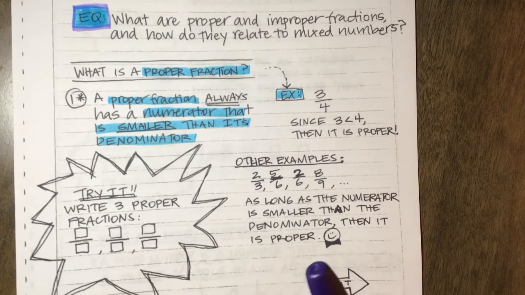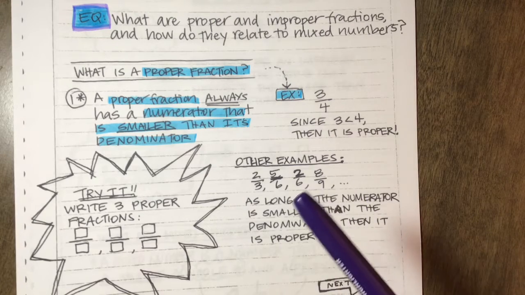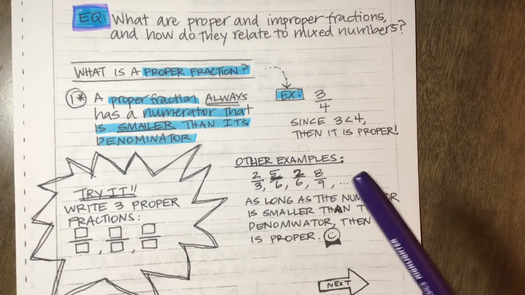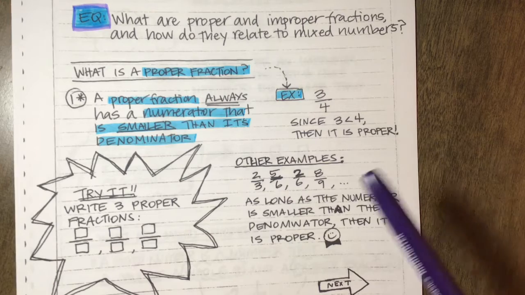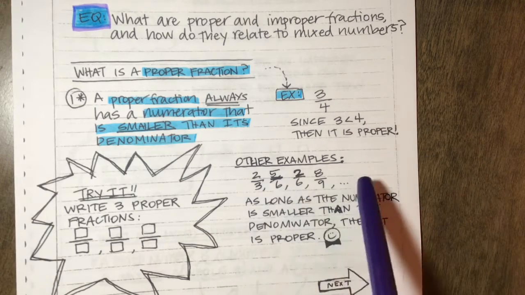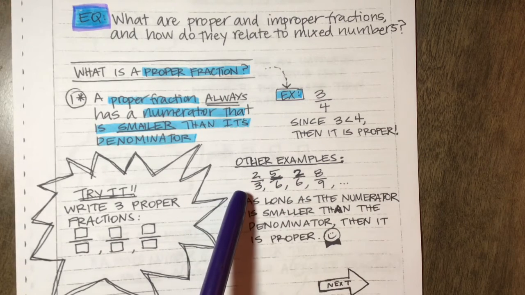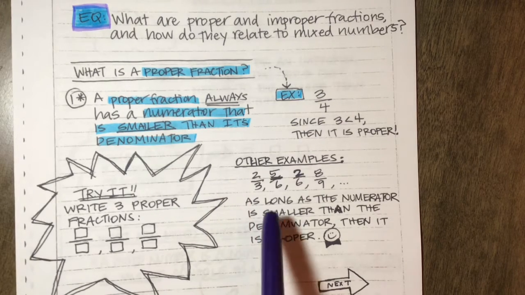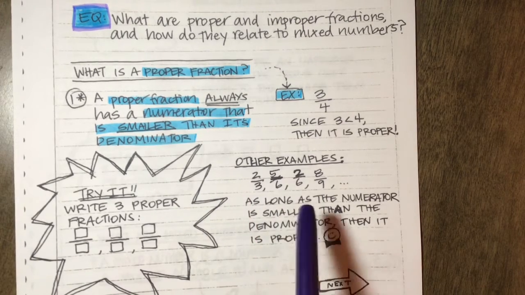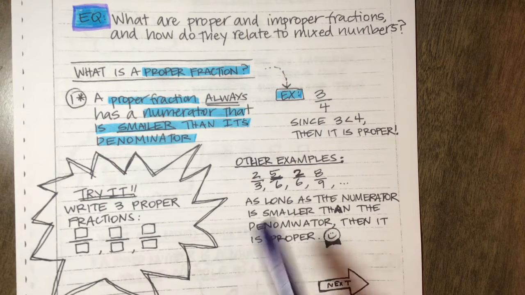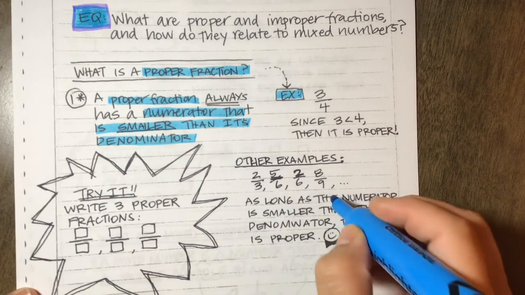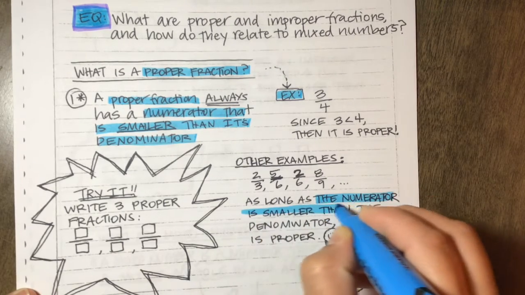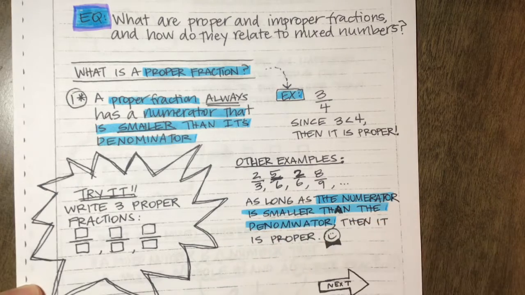It could be any fraction as long as the numerator is smaller than the denominator. So for example, 2/3 is a proper fraction, 5/6 is a proper fraction, 2/6 is a proper fraction, and 8/9 are proper fractions because, once again, the numerator is smaller than the denominator. You may highlight that if you'd like, just so you know where to come back.